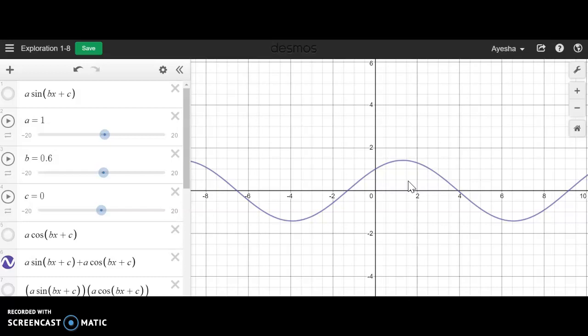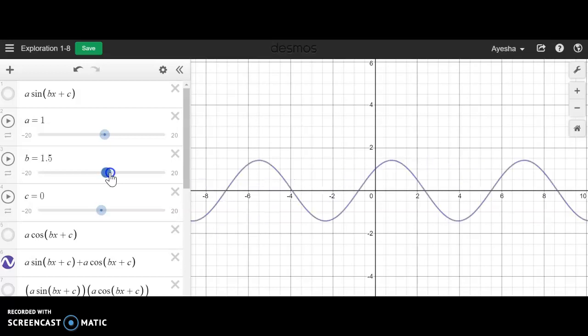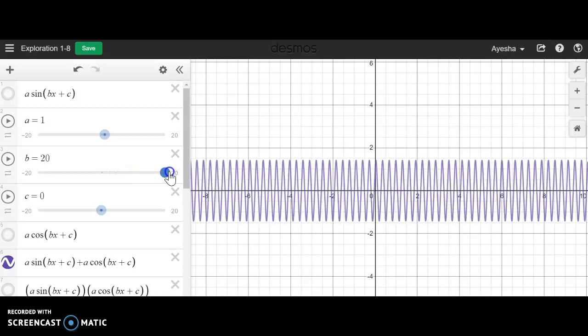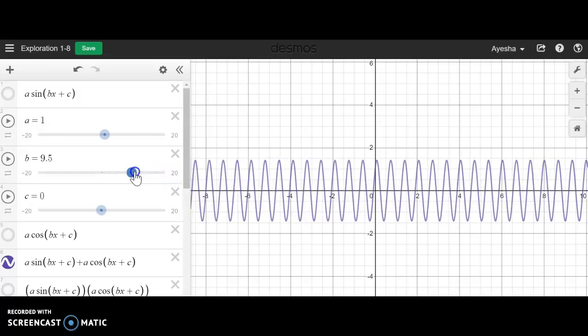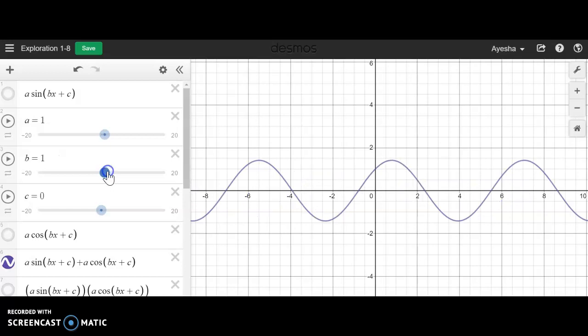You use that to find the period, and the period is 2 pi divided by b. So 2 pi divided by a number that's really close to 0 is going to be a bigger number than 2 pi divided by 20. So it makes sense why this is happening when we change our value for b.